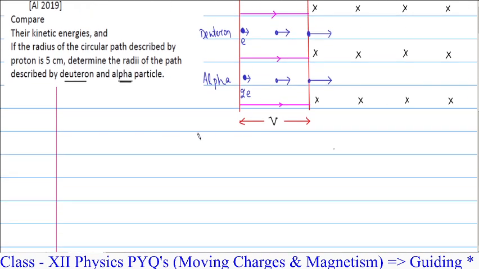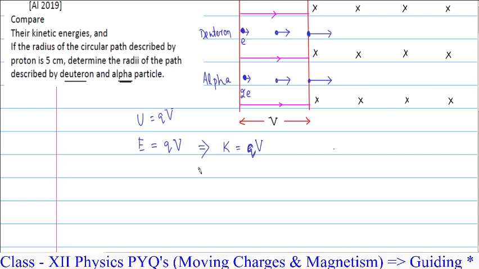The energy gained by the charged particle will be equal to qV. We know the potential energy formula is U equal to qV, or V equal to U upon q. This energy is stored in the charged particle in the form of kinetic energy, equal to qV.